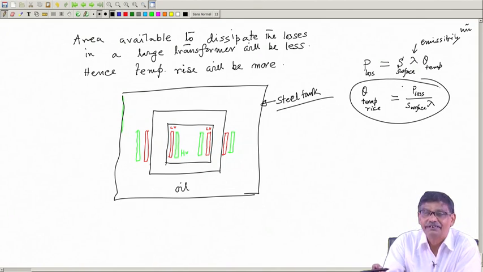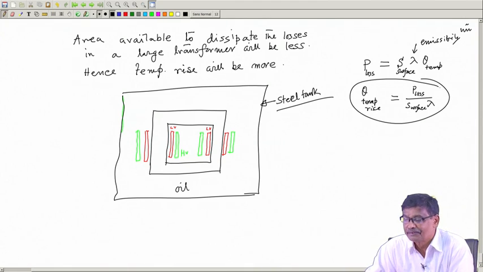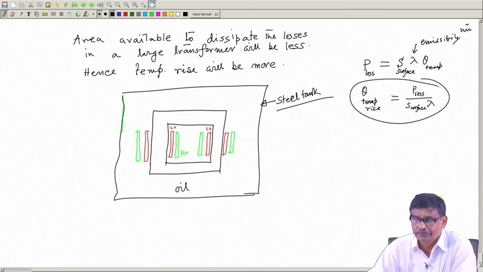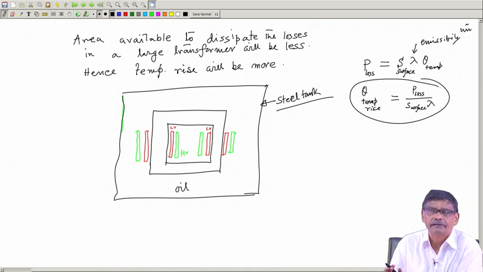That is why I was telling, if your surface area available is less, temperature rise will be more, can be easily seen from this also. Okay. In any case, oil will take the heat, it will come to the tank, it will dissipate, like that.